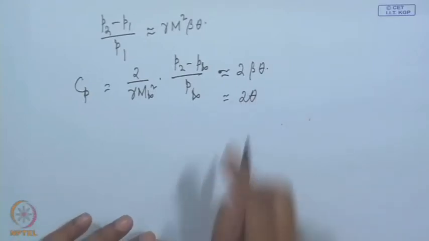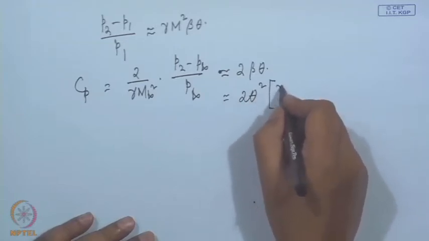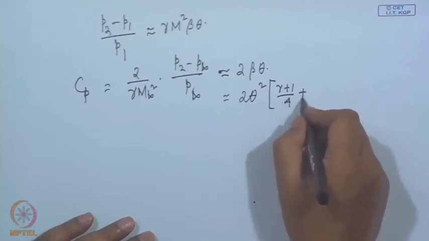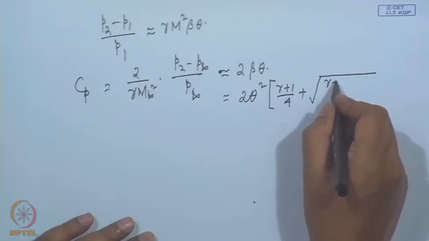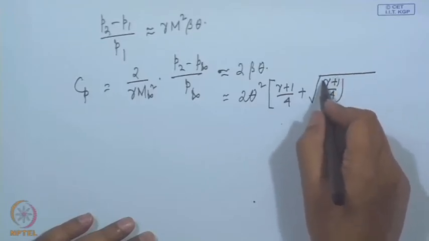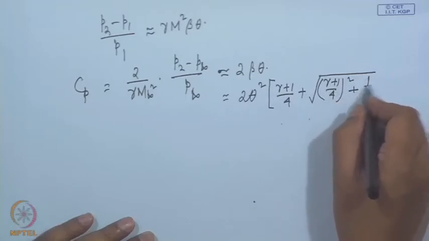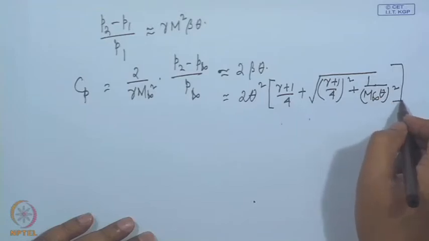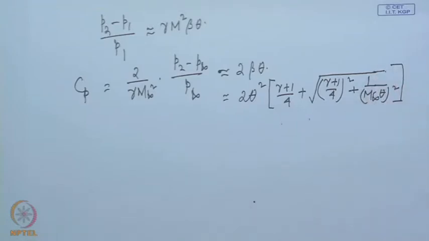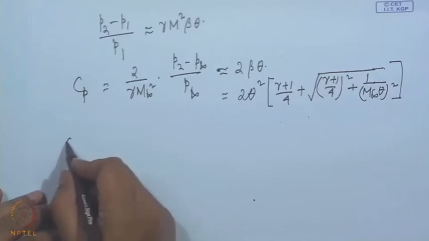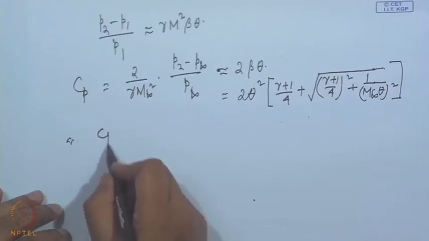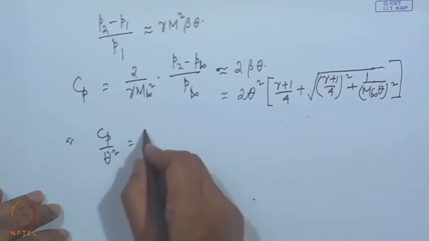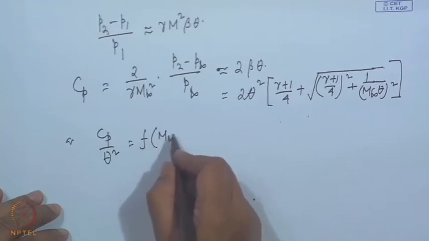And substituting beta by theta here, this gives 2 theta square into gamma plus 1 by 4 plus a square root term, or Cp by theta square is a function of M infinity theta.